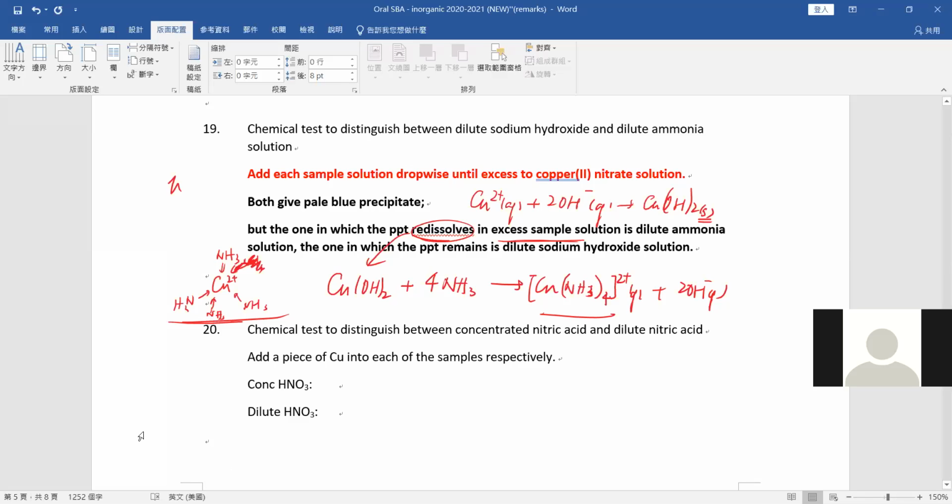Concentrated nitric acid: yeah, copper dissolved, blue solution, brown gas formed. How about dilute nitric acid?